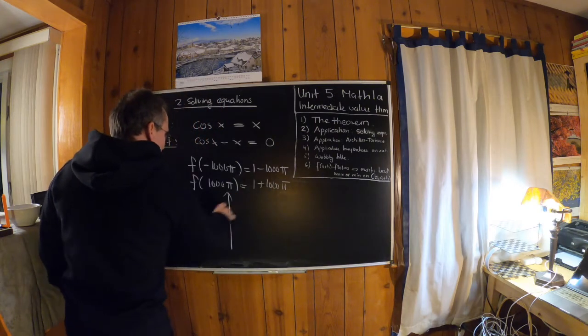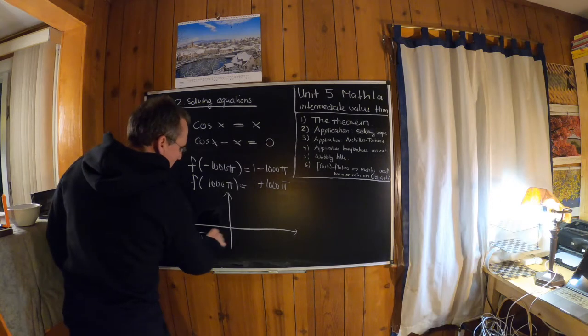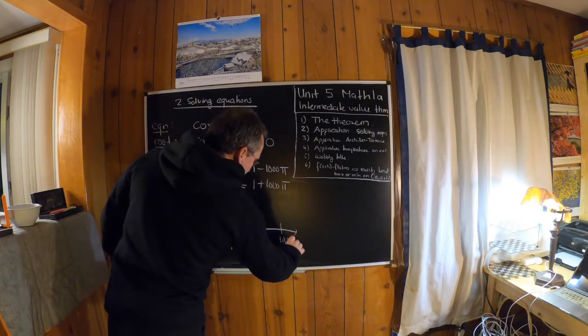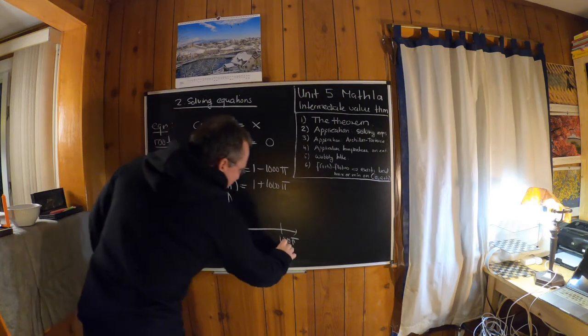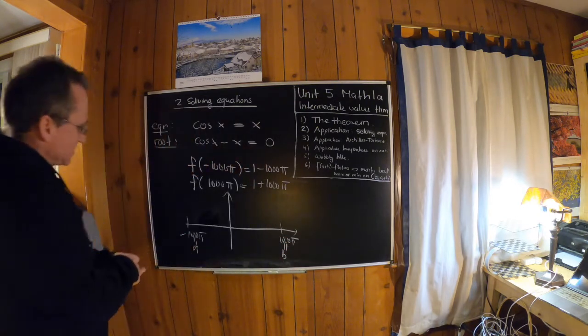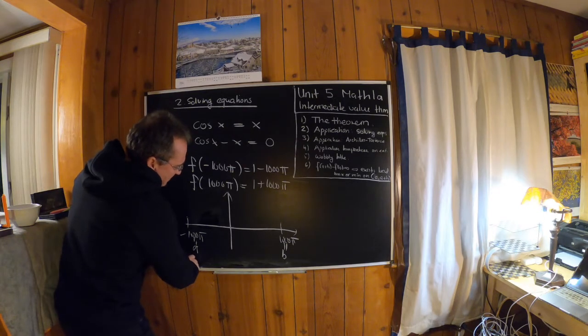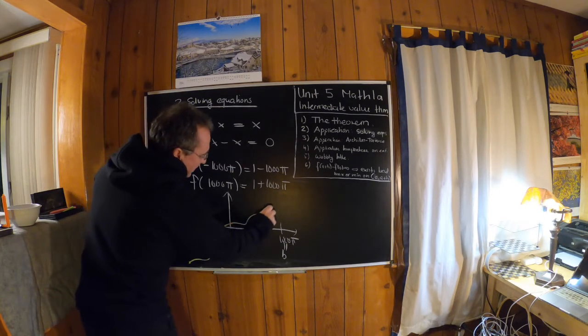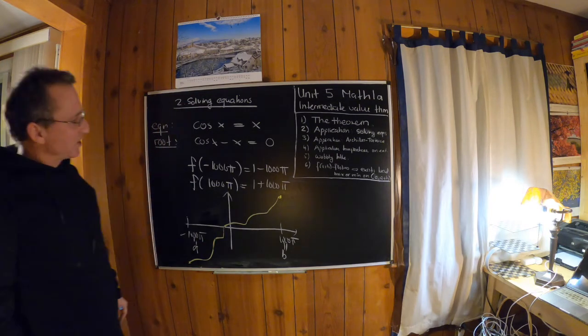So if you look at this function, at minus 1000 pi and at 1000 pi, we call this a, and this we call b. What happens here is we have something really positive at a and something really negative at b, and we don't know what it looks like in between. So there's a solution to this equation.